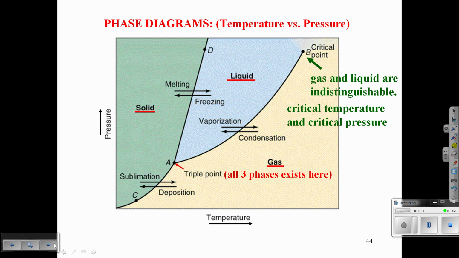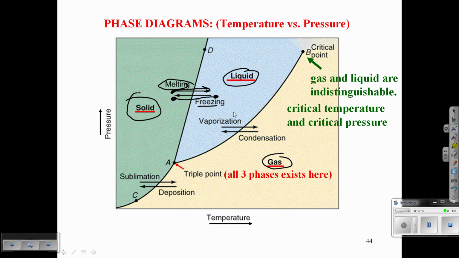If you look right here, again, we have solid, liquid, and a gas. If you look, you need to know where the phase changes occur. For example, going from a solid, from this point to here, to a liquid we know is melting. Same thing if I had a point here and travel this direction to another point here, going from a liquid to a solid we know is freezing.